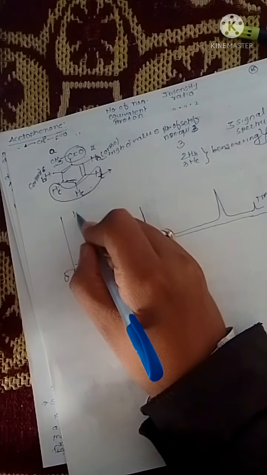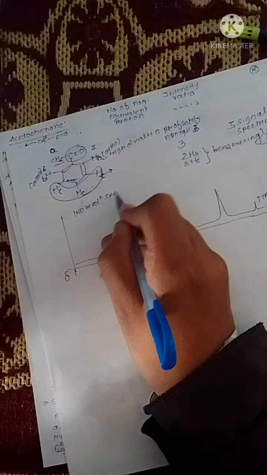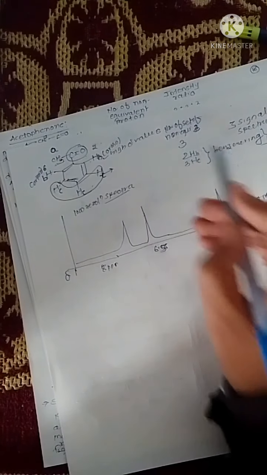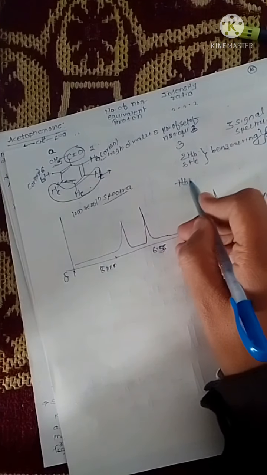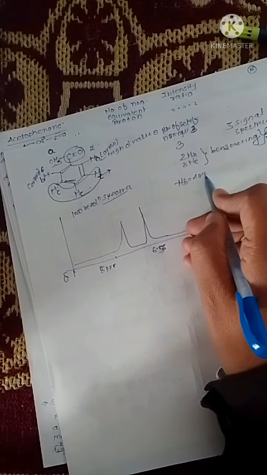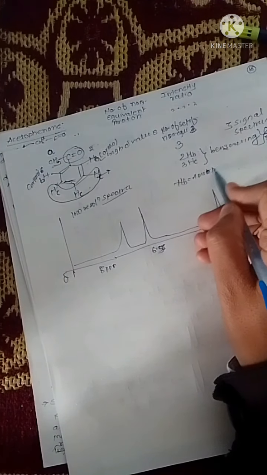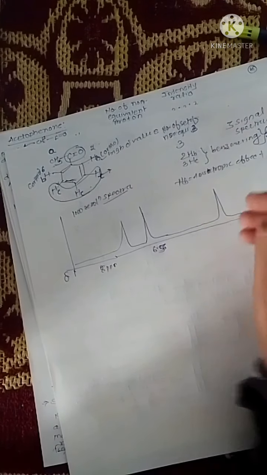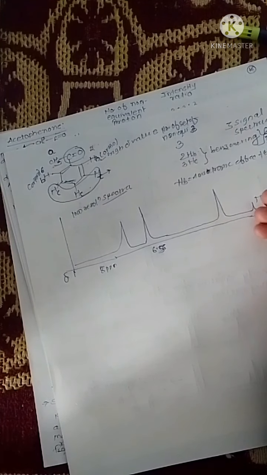It is a low resolution spectrum. As we know, this Hb proton has both effects, that is the anisotropic effect, plus the electron withdrawing effect of the carbonyl group.